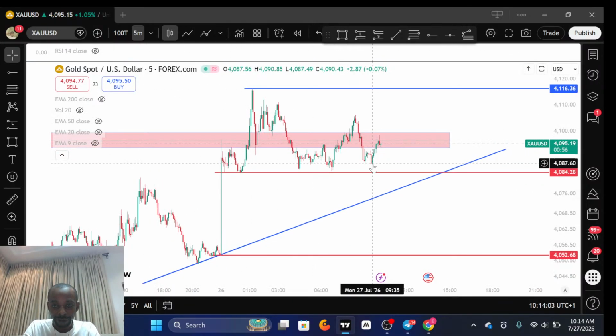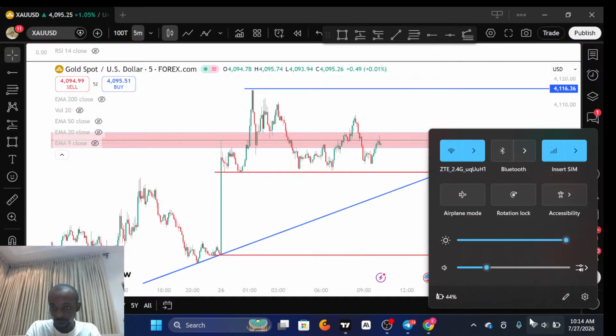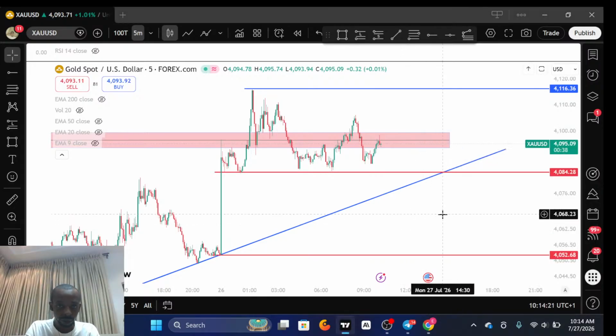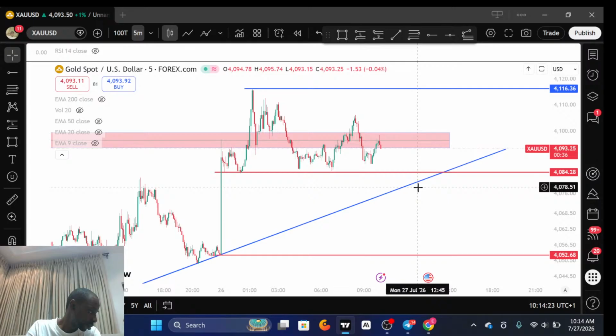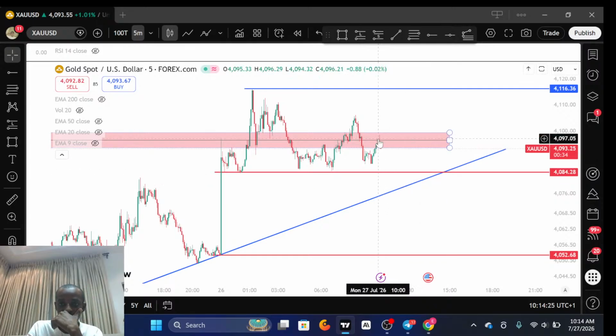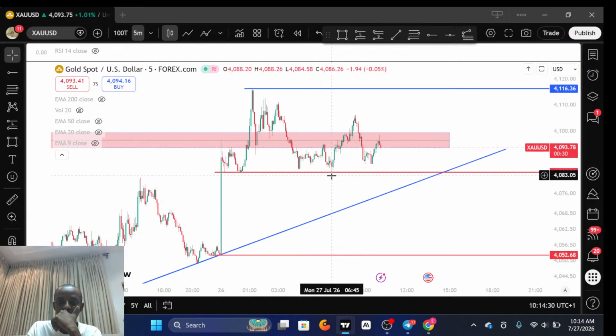We still don't have an entry. The market has to close below here. Close above here, we enter. Close below here, we enter.